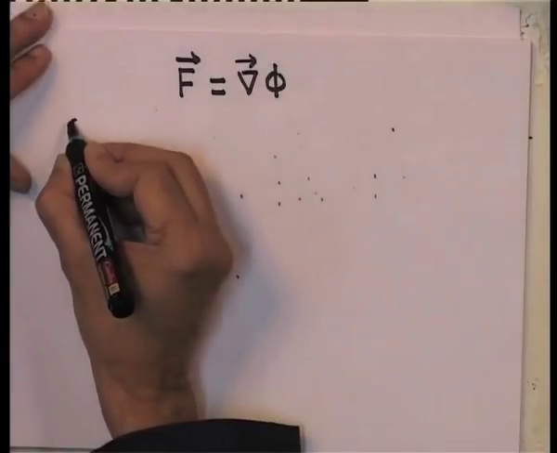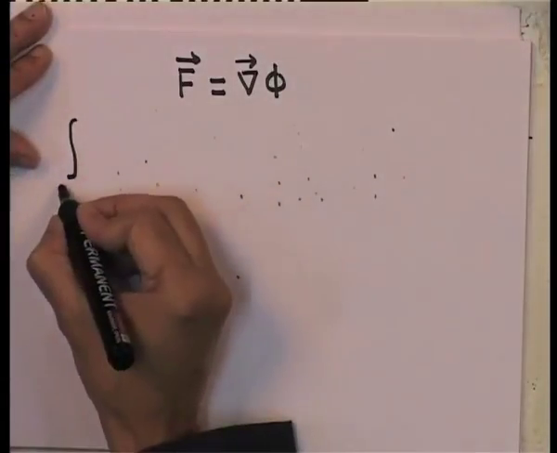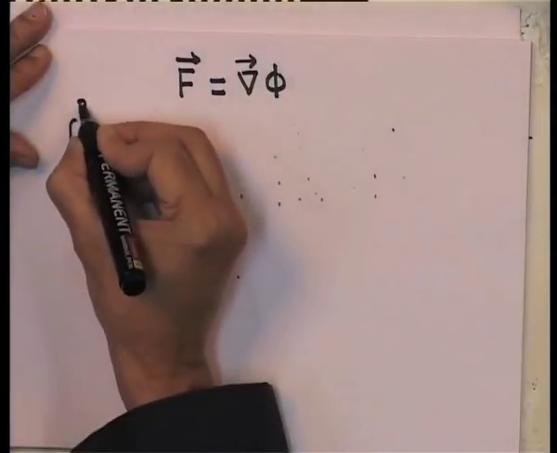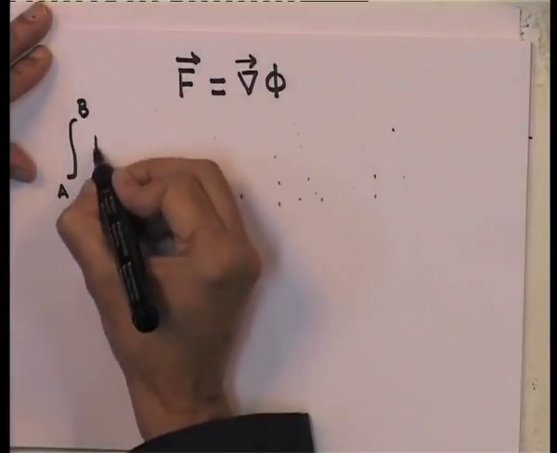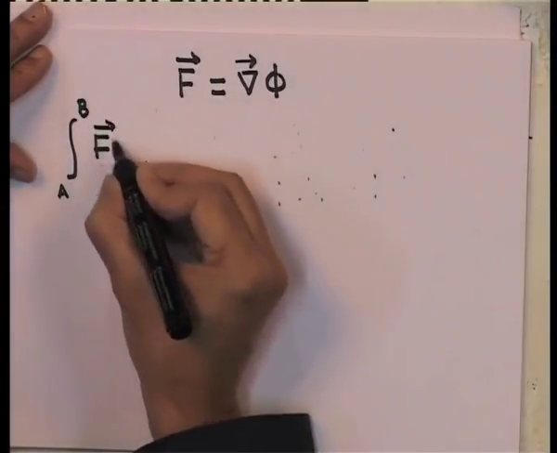What it means is this: supposing I am going from A to B again, I have to calculate f dot dl.